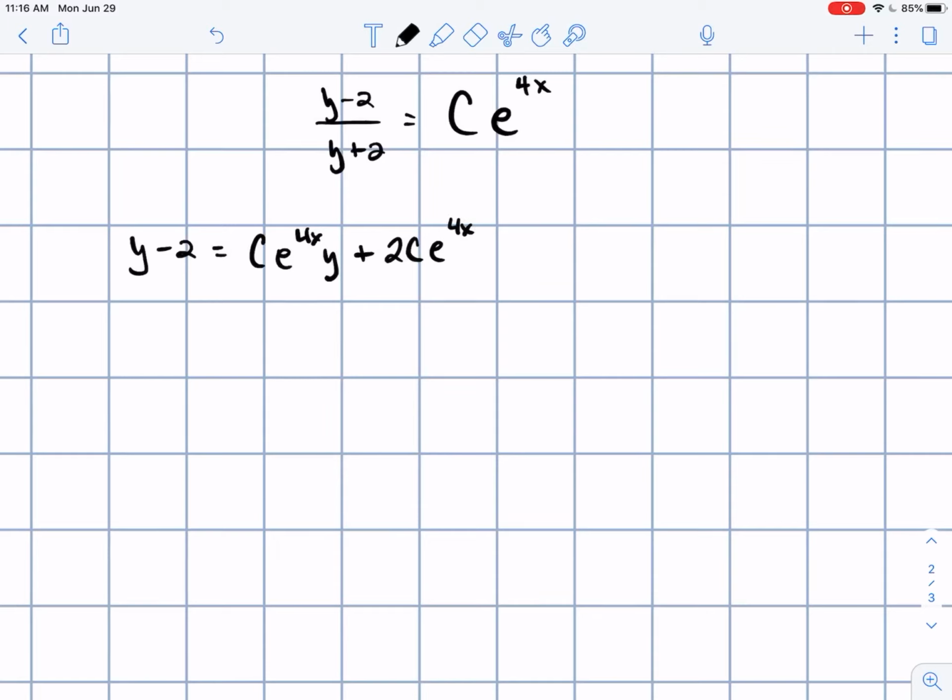And then what you want to do is bring all the y values to one side and bring everything else to the other side. So here I'm going to do y minus c e to the 4x y, so I'm subtracting c e to the 4x y from both sides, and I'm adding 2 to both sides.